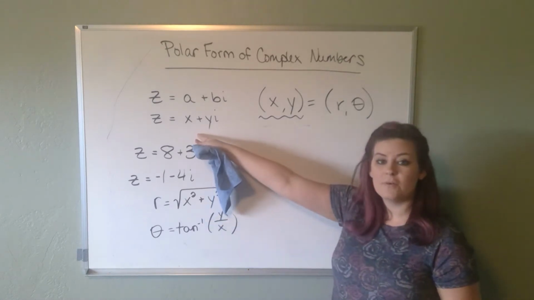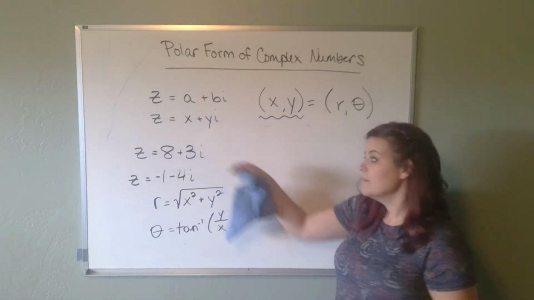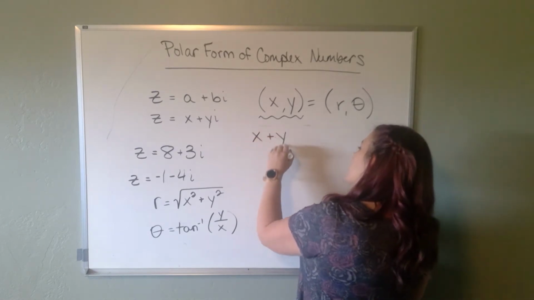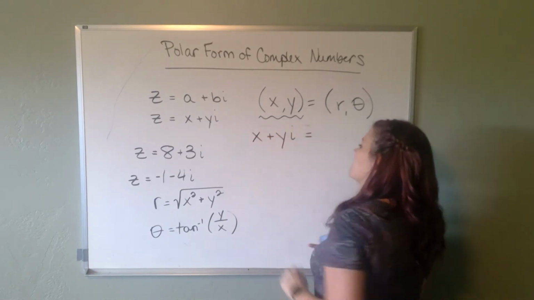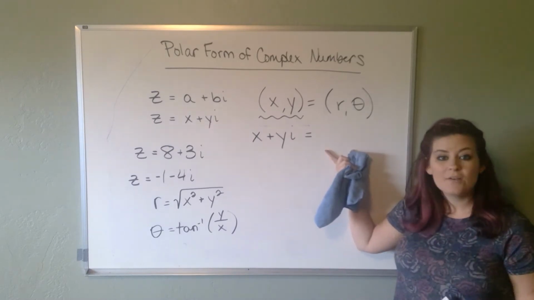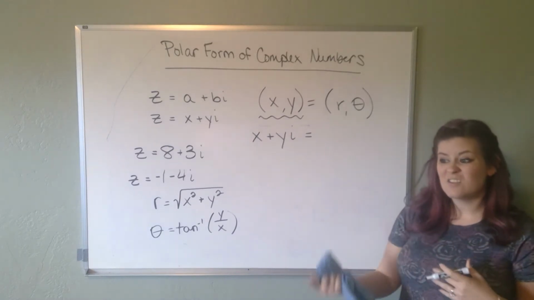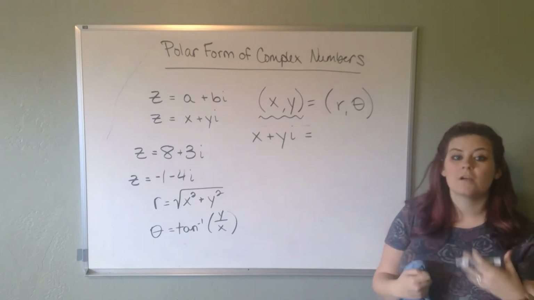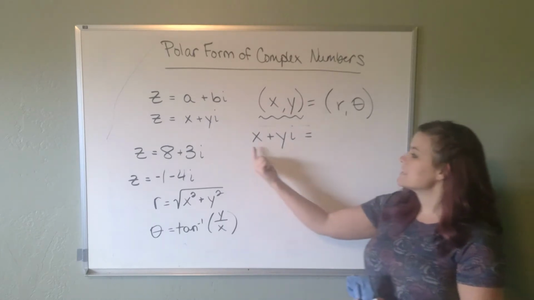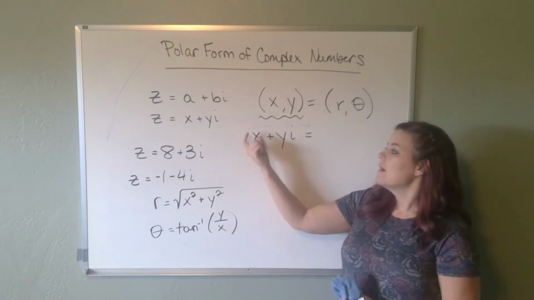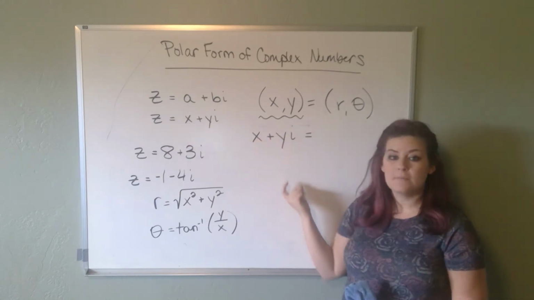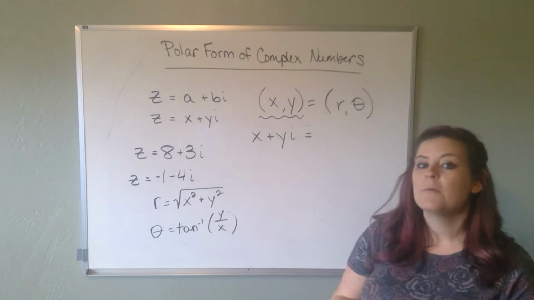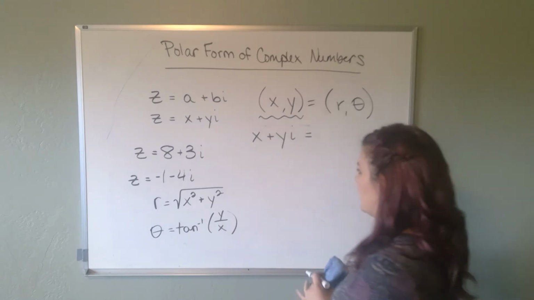They're written in this form, x plus yi. So if we start with x plus yi, we're not going to get a coordinate pair, so finding just r and theta and putting them in a pair is not going to be enough for complex numbers. They need to still have the same template of a real part plus an imaginary part. So r and theta is involved, but it's a little more involved than that.